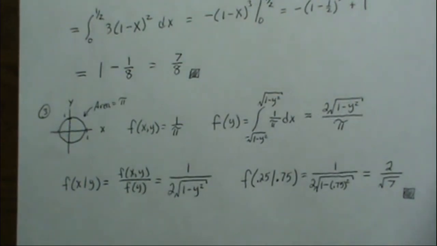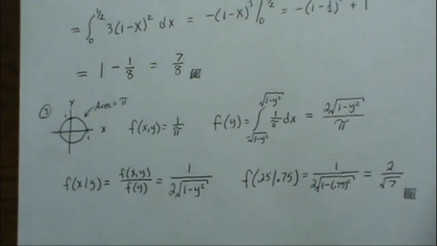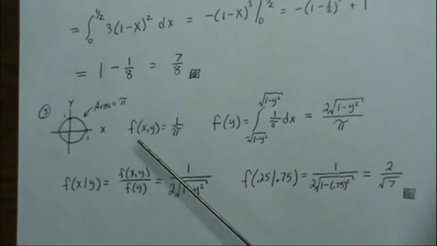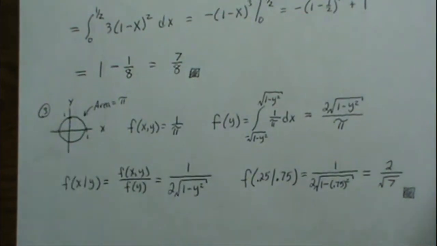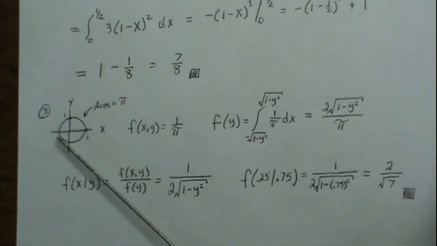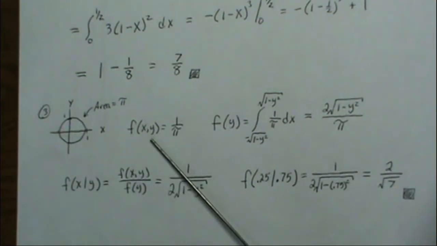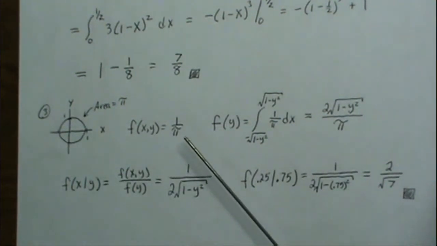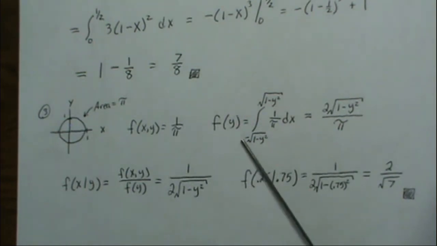So number 3, we're given a uniform density over a region of this circle. Well, the area of that circle is pi, so the density has to integrate to 1, and so the joint distribution has to be 1 over pi. Okay, and we're asked to find the conditional of x given y. So we need the density of y, so we integrate out x.